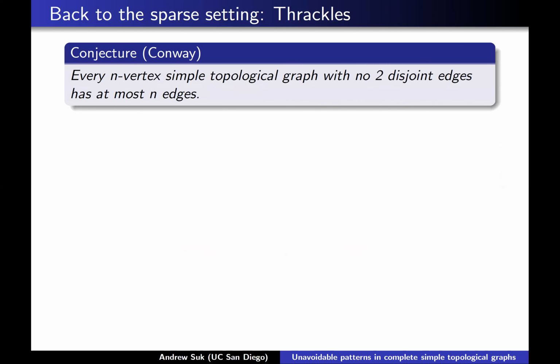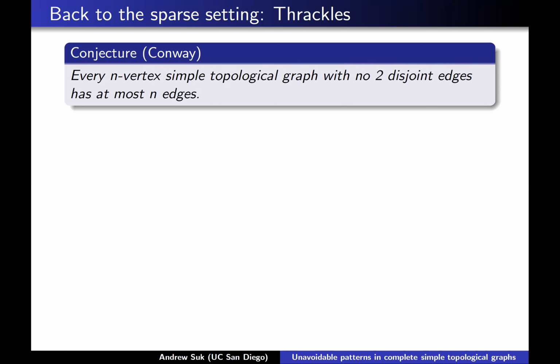And this actually goes back to a famous conjecture due to Conway, which is known as the Conway thrackle conjecture. So Conway conjectured that every n-vertex simple topological graph with no two disjoint edges has at most n edges. So basically every pair of edges either have a common endpoint or they're crossing. And he called these topological graphs thrackles.